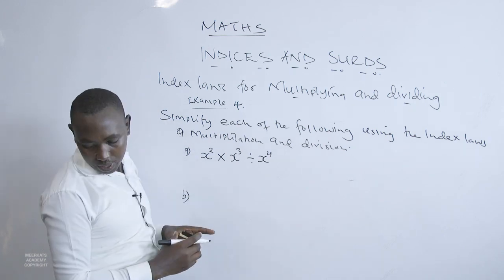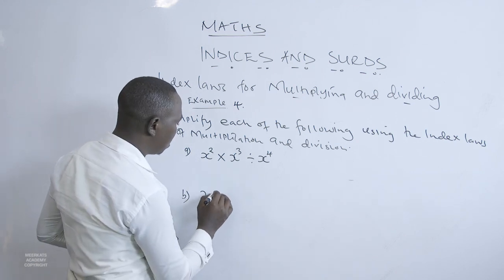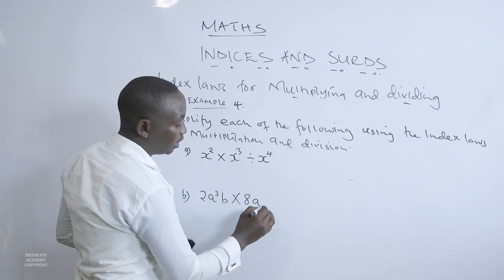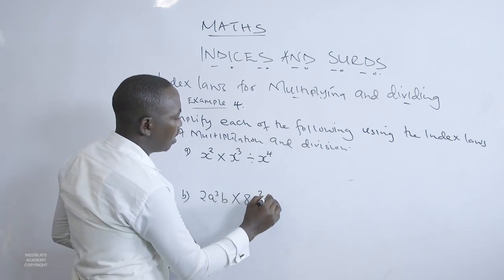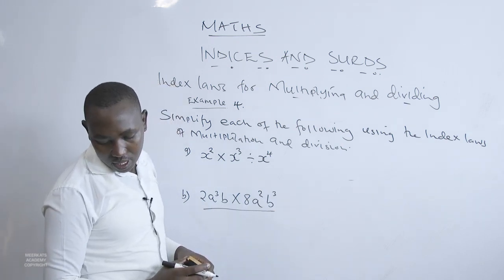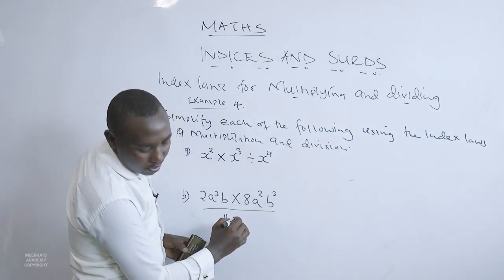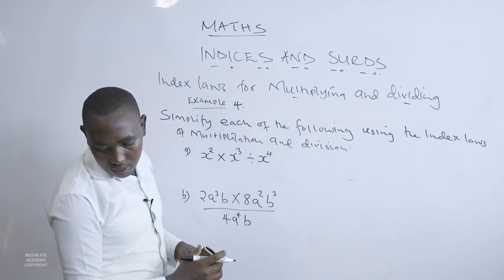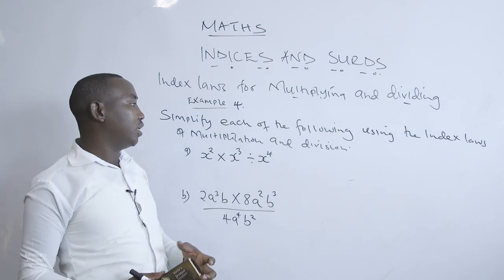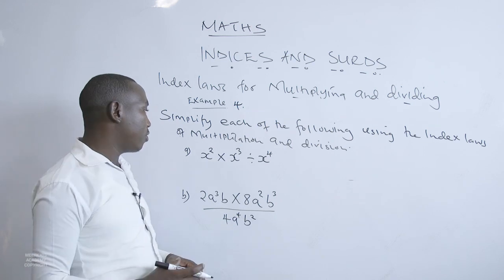Then part B, we have 2a cubed b times 8a squared b cubed, all of this divided by 4a raised to power 4 b raised to power 2. We are supposed to now combine the two laws of both multiplication and division in solving this particular question.